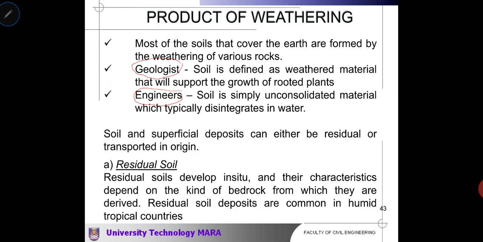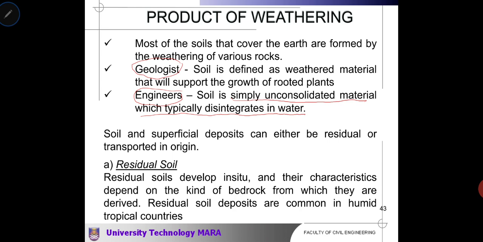So the thinking of geologists is most of the time about the nurturing of plants. But for engineers, because we are more concerned about the development of the area, we define soil simply as unconsolidated material which typically disintegrates in water.